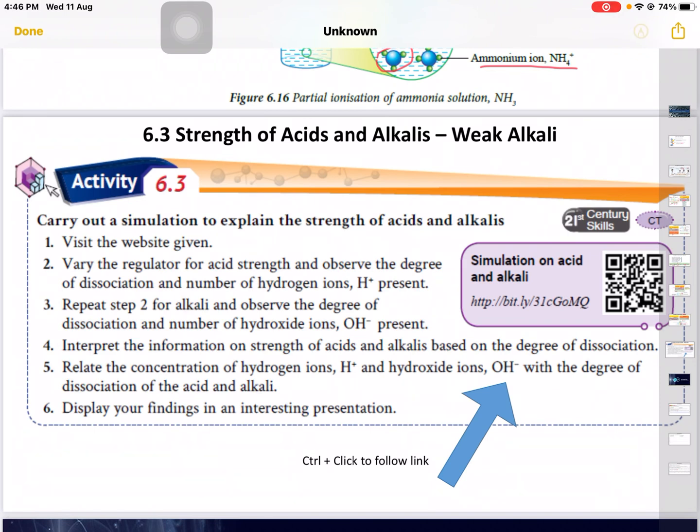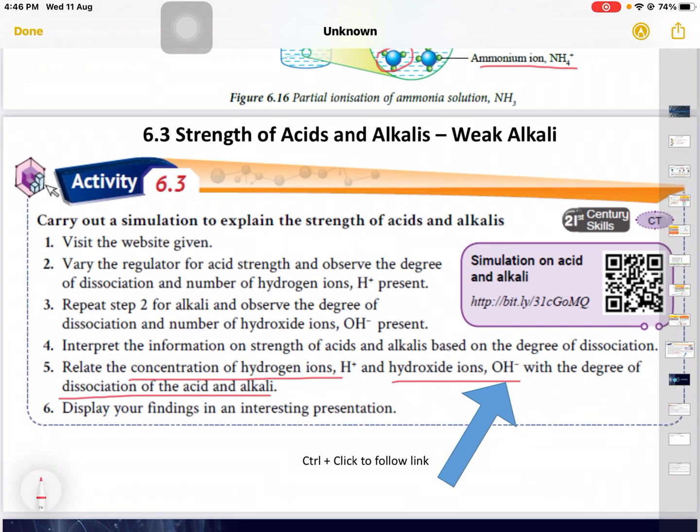Okay. So, look at activity 6.3 in your textbook. I hope you should be able to relate the concentration of hydrogen ion and hydroxide ion with the degree of dissociation of the acid and alkali. If the degree of dissociation is high, the concentration of hydrogen ion and hydroxide ion is also high.